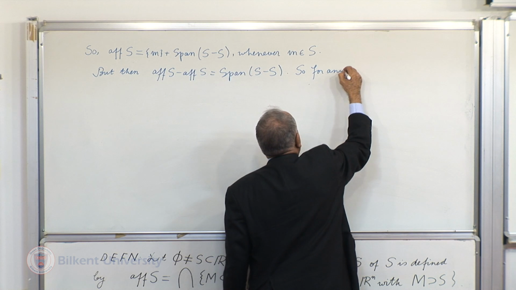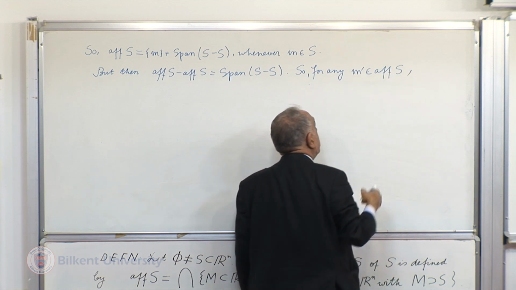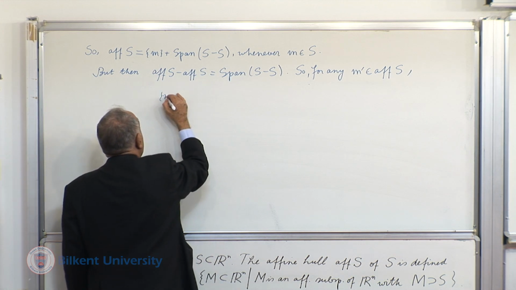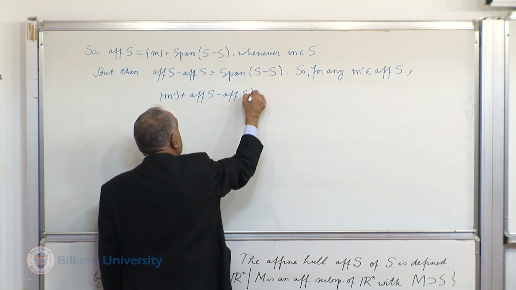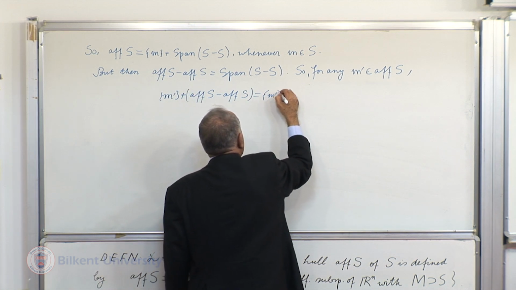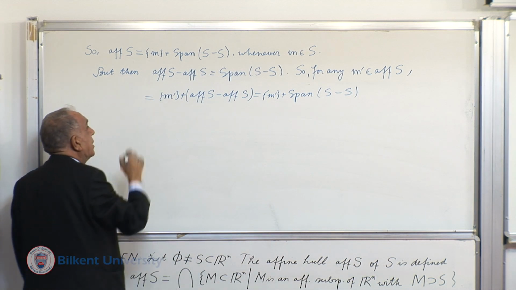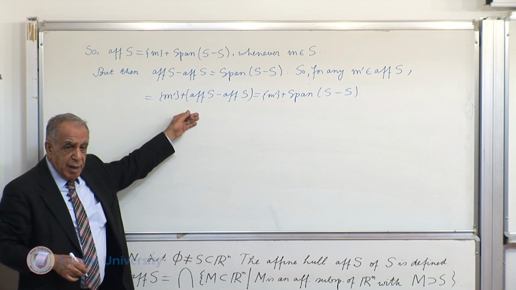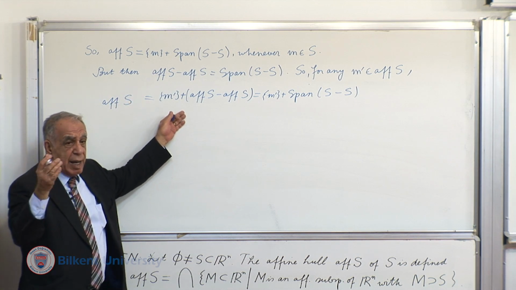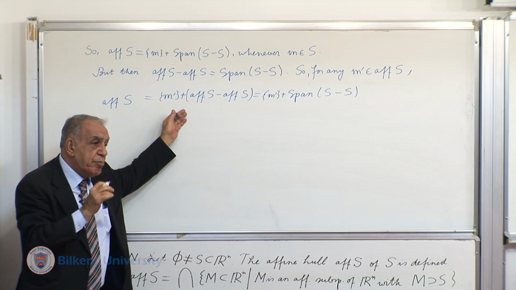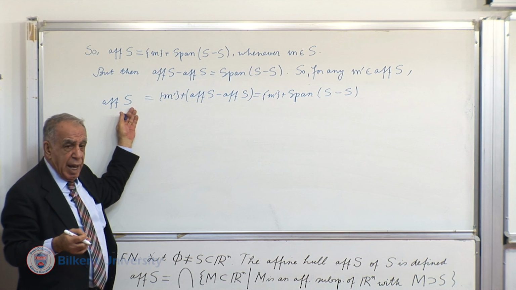So for any M prime, say, to distinguish from that, M prime in affine hull of S, we have M prime plus affine hull of S minus affine hull of S. That's equal to M prime plus span S minus S. But as affine hull of S is an affine subspace, this is equal to affine hull of S. In fact, for any affine subspace cap M, whenever M prime is a member of cap M, M prime plus cap M minus cap M is just cap M itself.